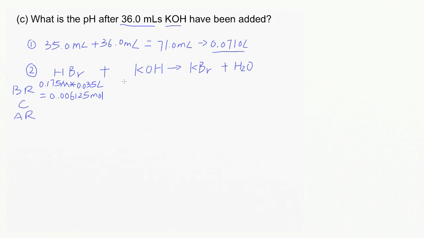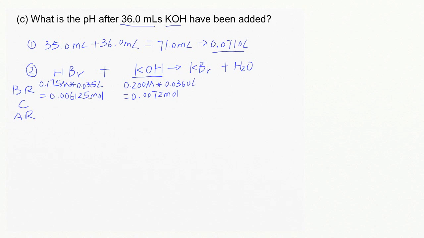So the mole number for potassium hydroxide would be 0.200, the concentration of potassium hydroxide, times the volume, 36 ml, which is 0.036 liter. What I got here is 0.0072 mole.